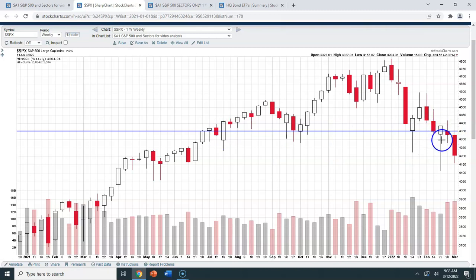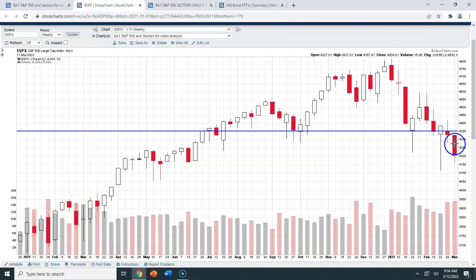But we've had 1, 2, 3 weekly closes now below 4350 during this downturn, which really started on January 4th of this year, where we hit the all-time intraday high, 4818.62. Of course, I don't have that annotated, but it's important to understand that.